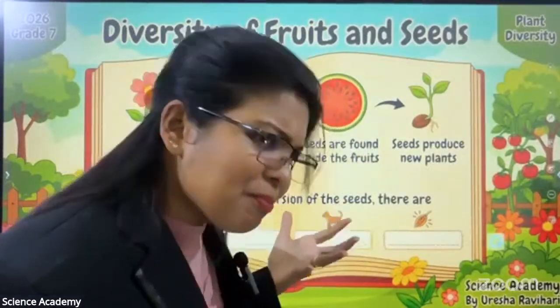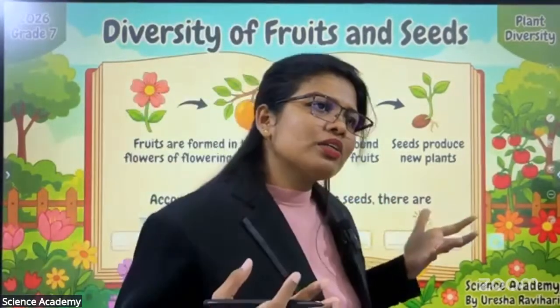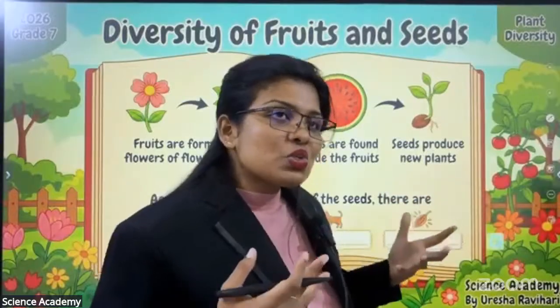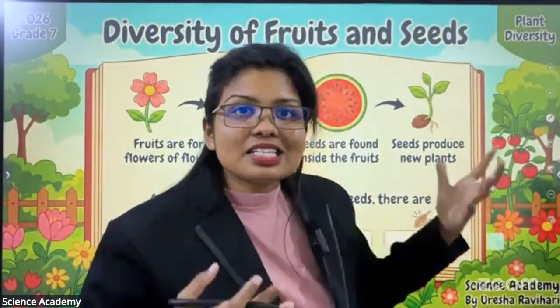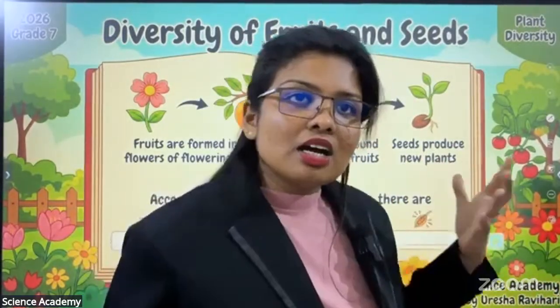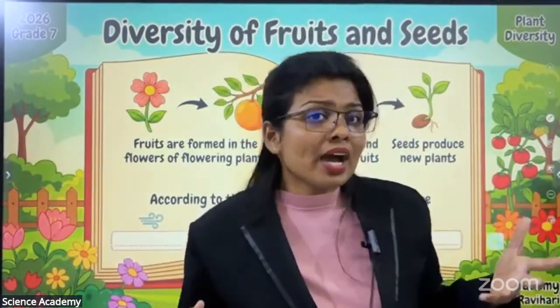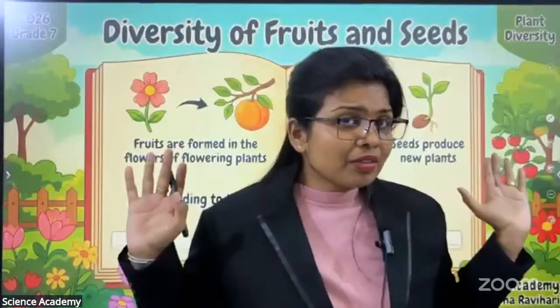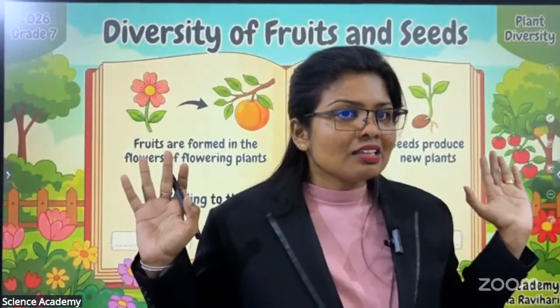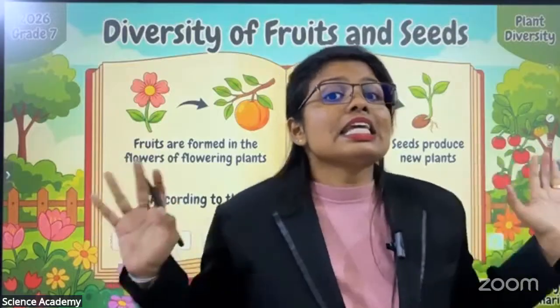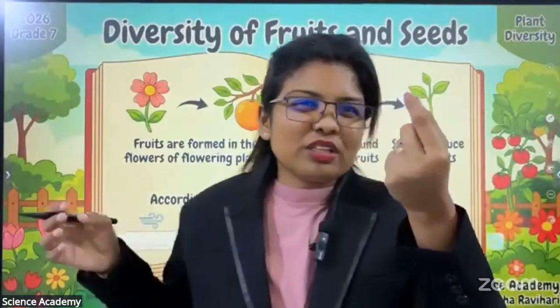Children, can you remember we discussed using roots, using stems, using leaves also, we can get a new plant. There were no seeds, only a part of the plant that we used, and then we got a plant, not a flower.